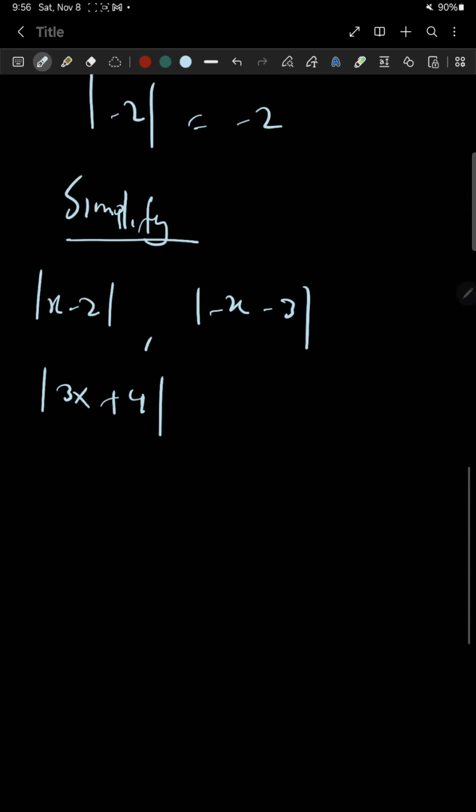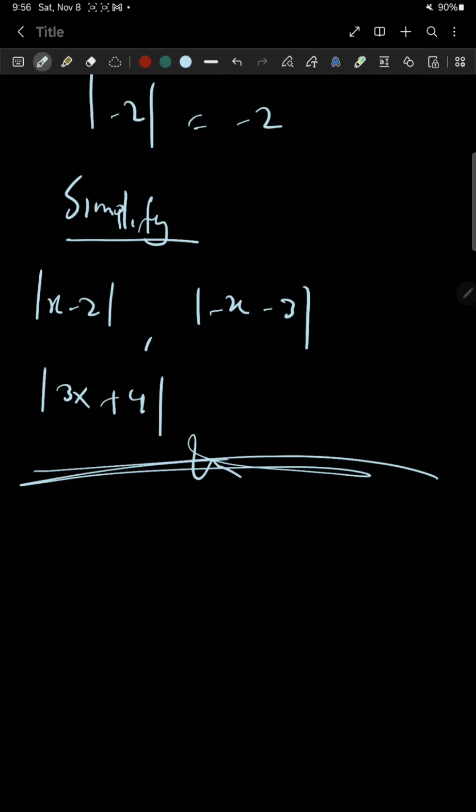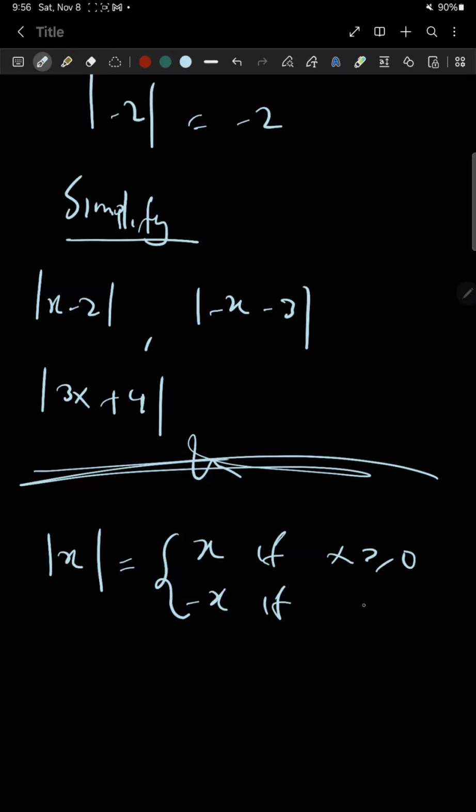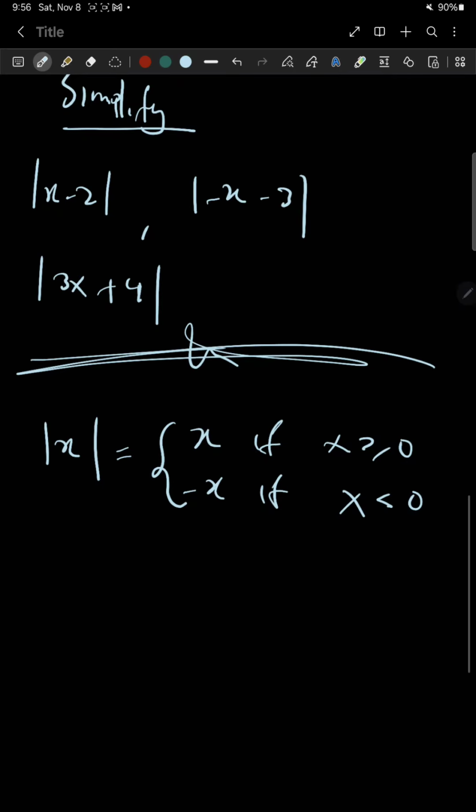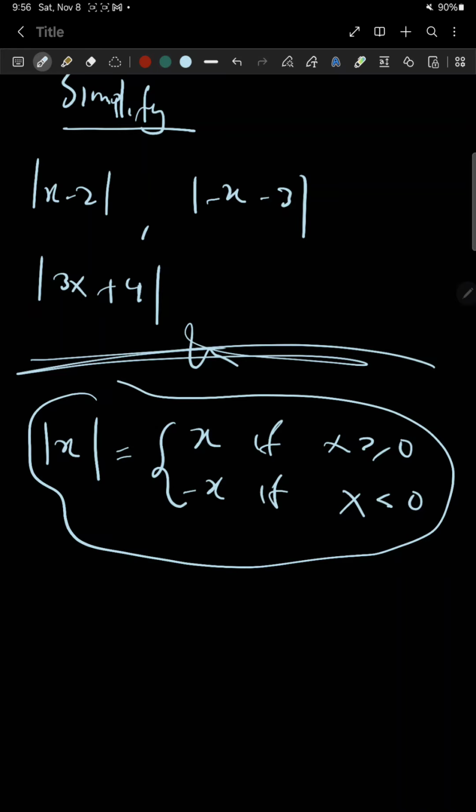We simplify this by using the definition of a modulus. And what is the definition of a modulus? It is x if x is greater than or equal to 0 and -x if x is less than 0. This is the standard definition of an absolute value. You should know this.